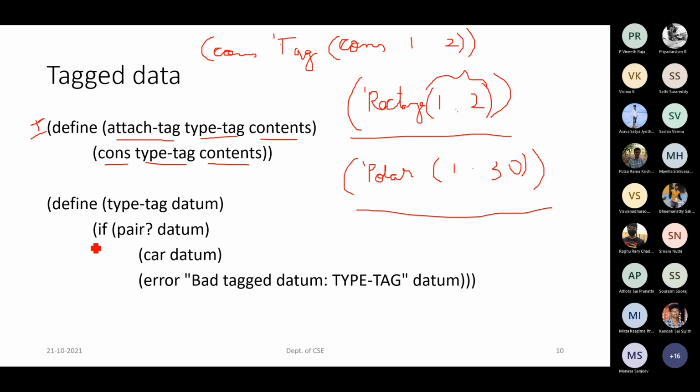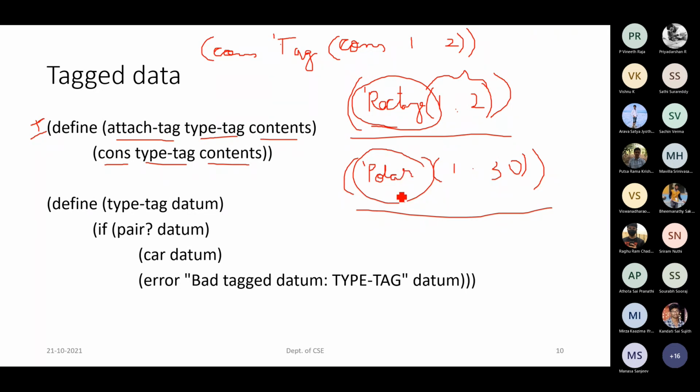So now we shall discuss the next procedure, which will be based on the selectors. The first selector we are going to discuss: we have to first extract the first portion of the content. The first portion of the content is whether it is rectangle or polar, what type of complex number it is.